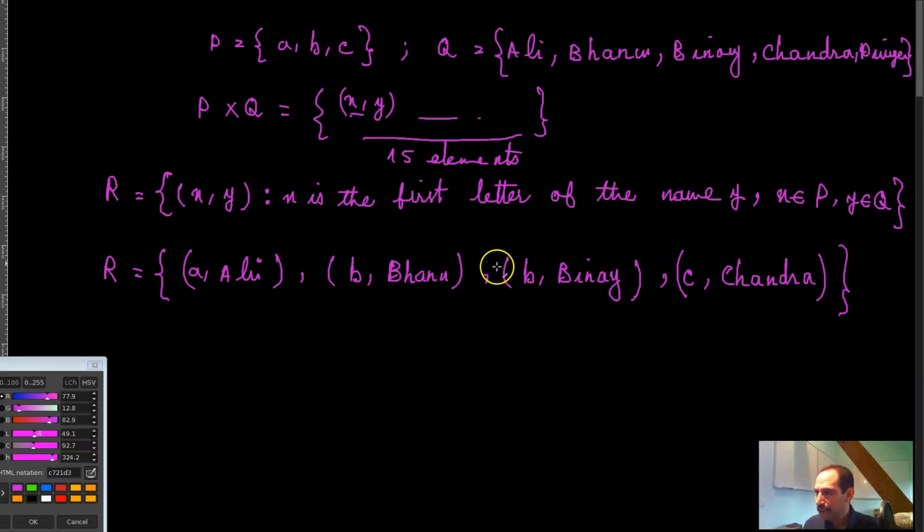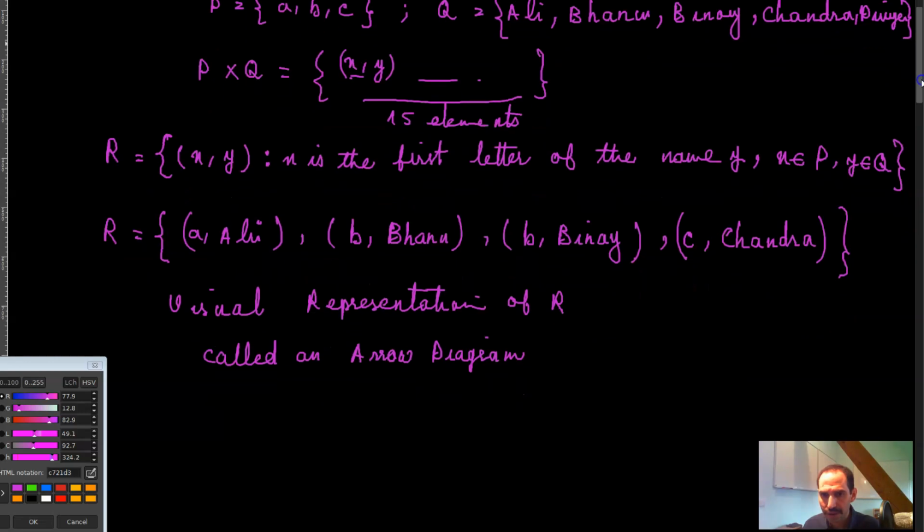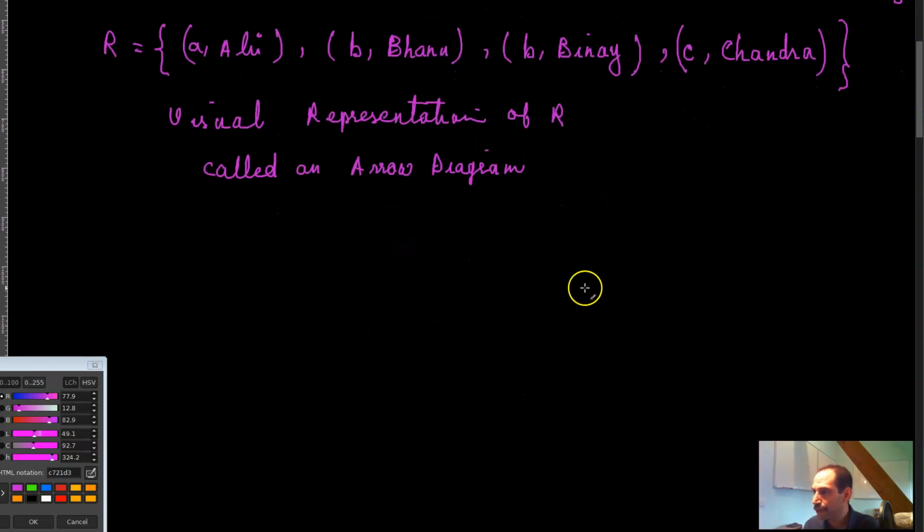And so a visual representation of this relation R, called an arrow diagram, would be, for example, this set over here, would be this diagram over here.